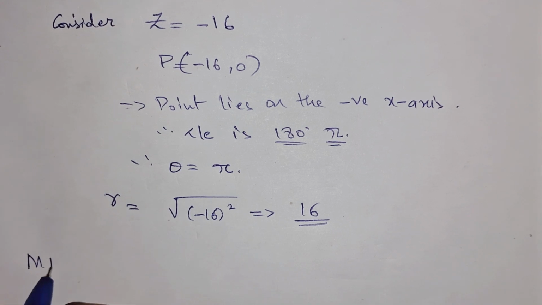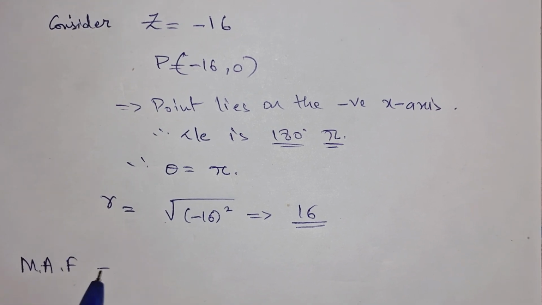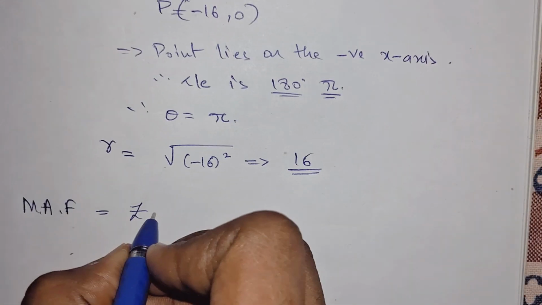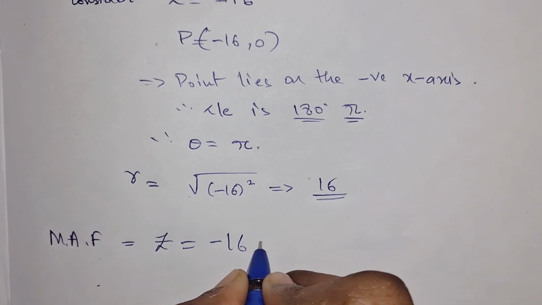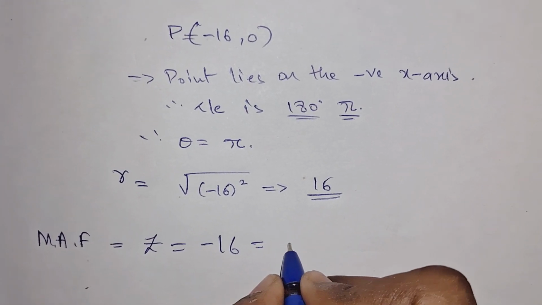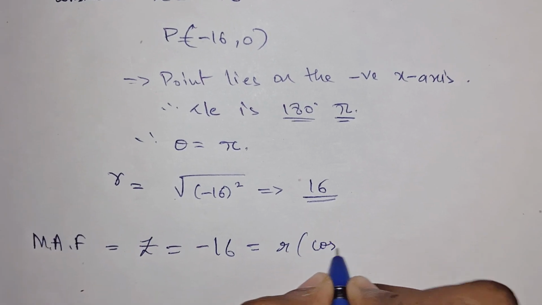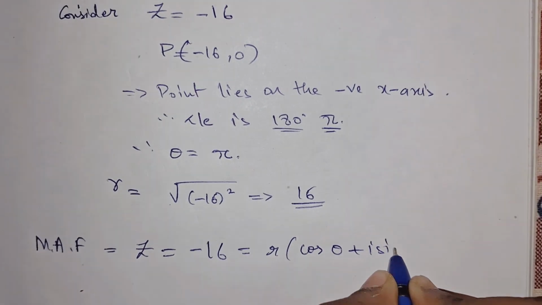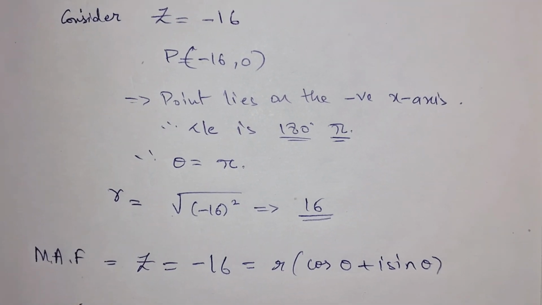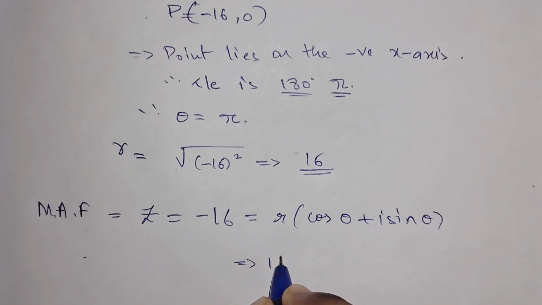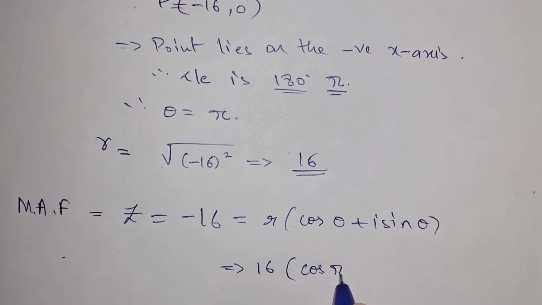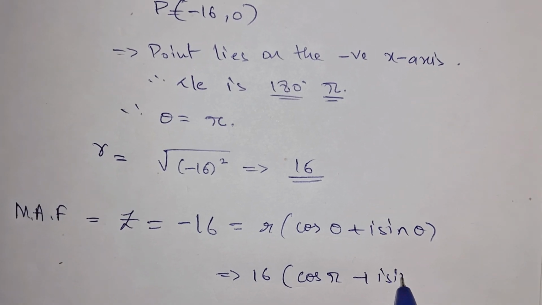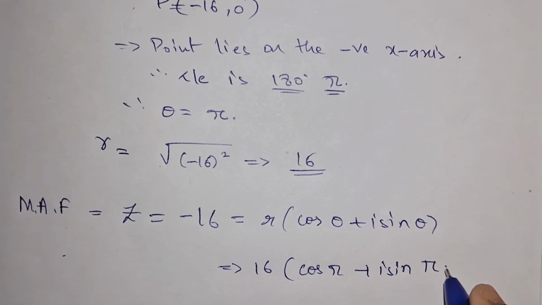Now we are writing the modulus amplitude form: minus 16 equals r cos theta plus i sin theta. R is nothing but 16, so 16 into cos pi plus i sin pi.